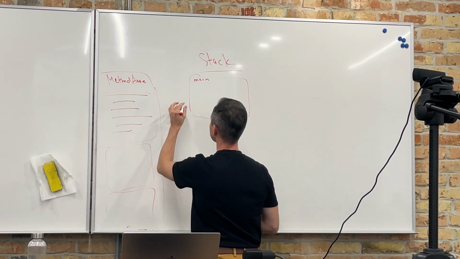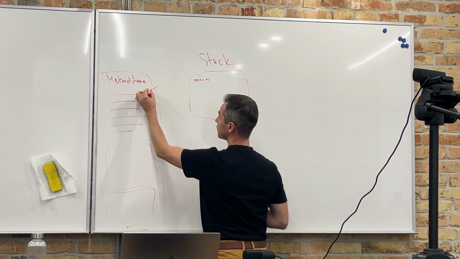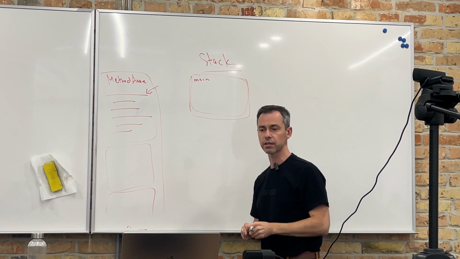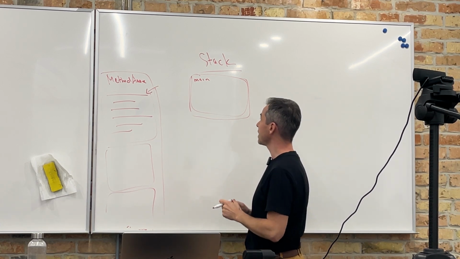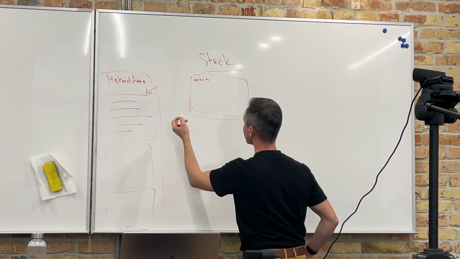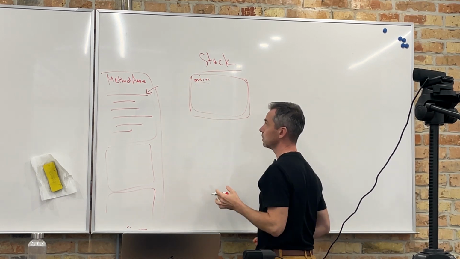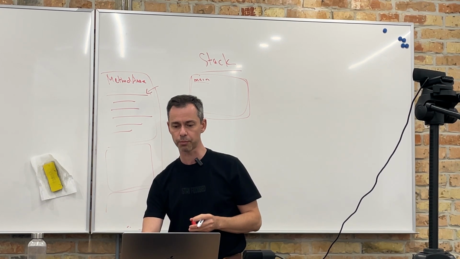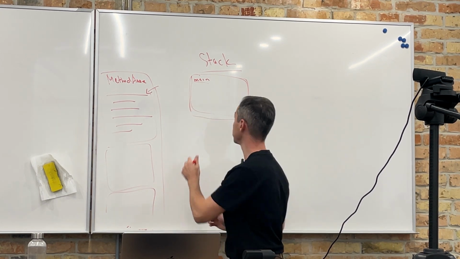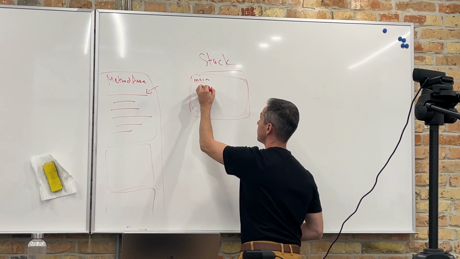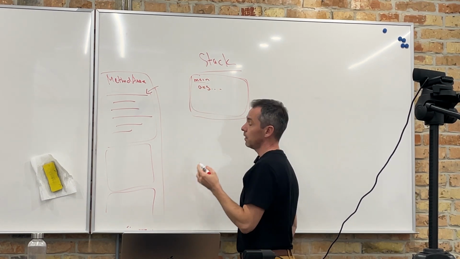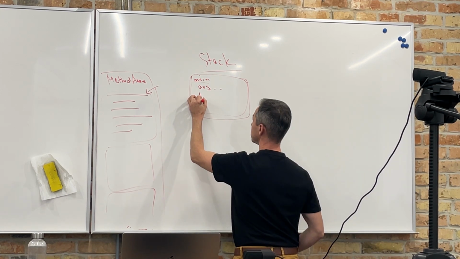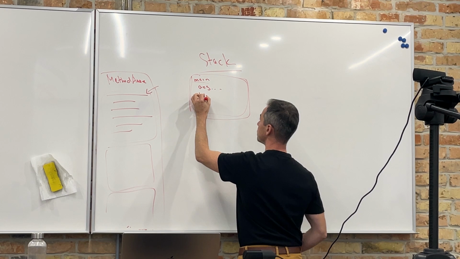But when we call a method, we create a stack fragment, or stack frame, for this method, for the main method. And in this stack frame we have the arguments, like any arguments of our methods, if any. And also local variables. So for example, i and j, we create these variables.